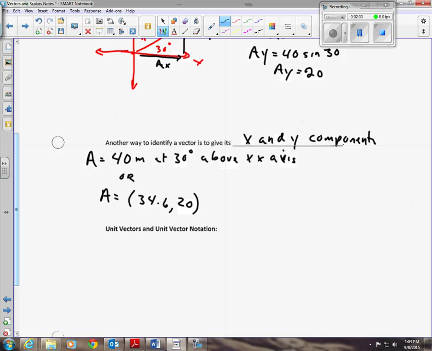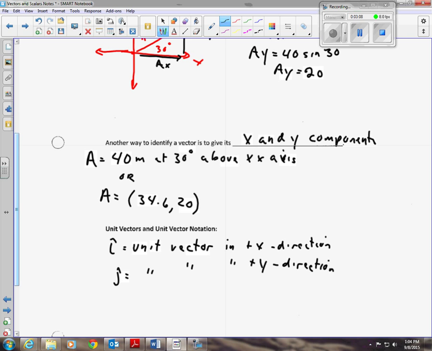Now, there is a shorthand way of showing the components called unit vectors. Okay? Unit vectors are i. You put a little hat over it to show that it's a vector. And that is a unit vector, meaning it has a length of 1 in the plus x direction. And j is a unit vector in the plus y direction. Okay?